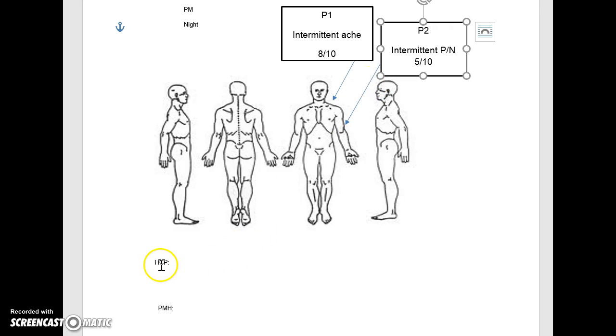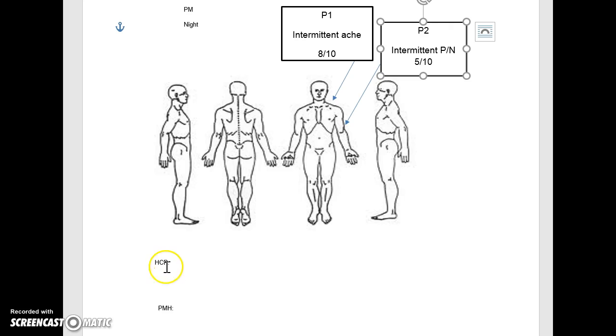Here, history of current problem. In this case, you need to explain any other details about the patient's symptoms. For example, here I might say cervical spine pain started 2 weeks ago for unknown reason, followed by pins and needles and tingling on the outer side of the left arm, and pain is increasing with time.